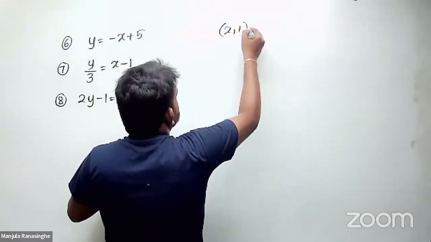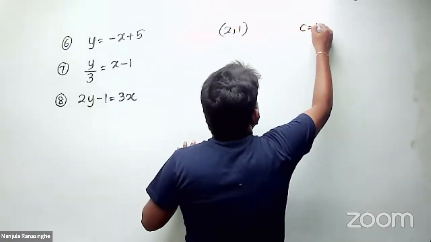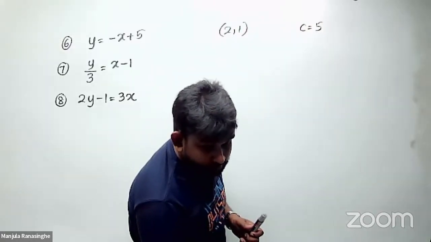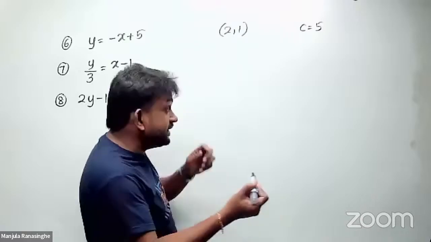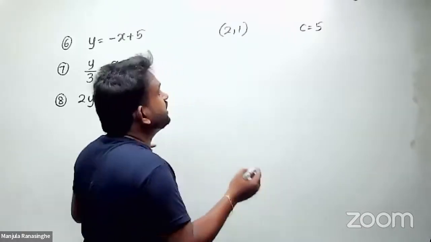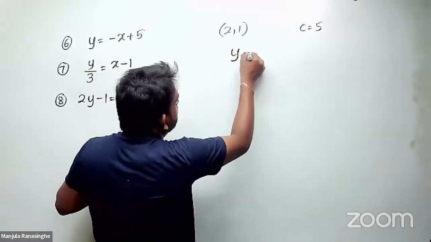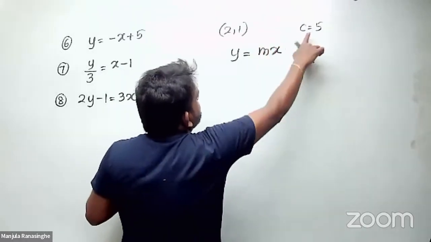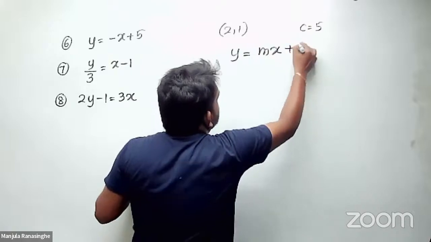It passes through 2, 1 and intercept c equal 5. Right. Y equal, gradient is not known, m x, but c known. For c I can substitute plus 5.